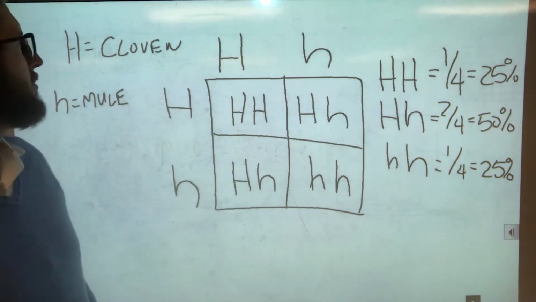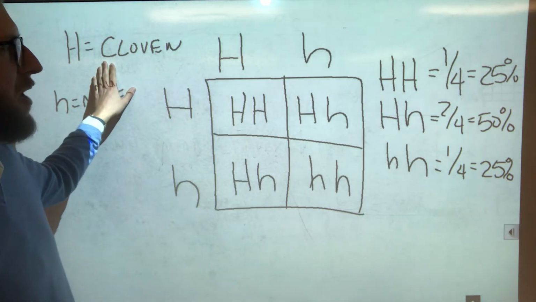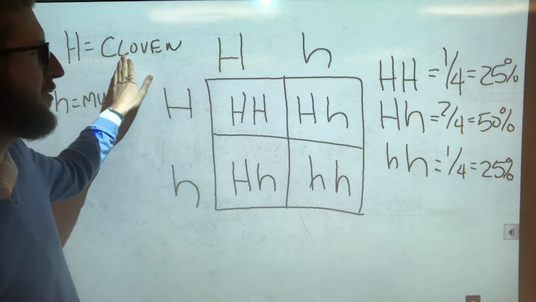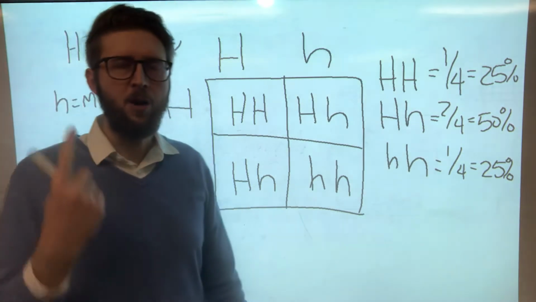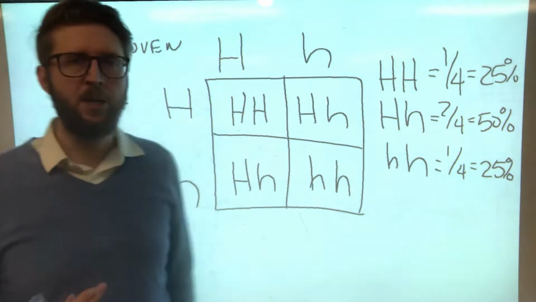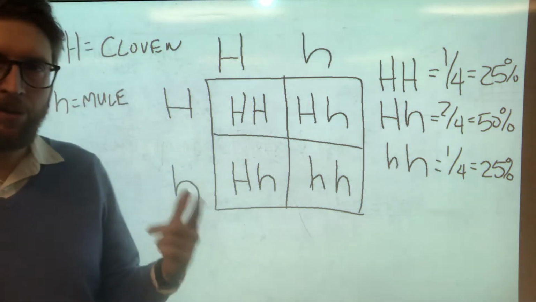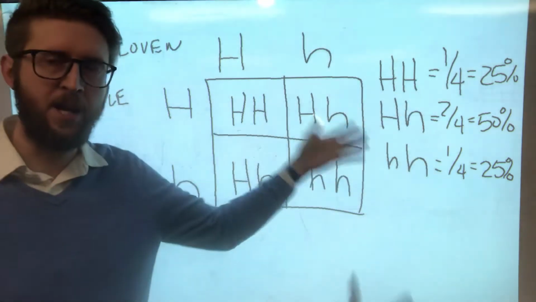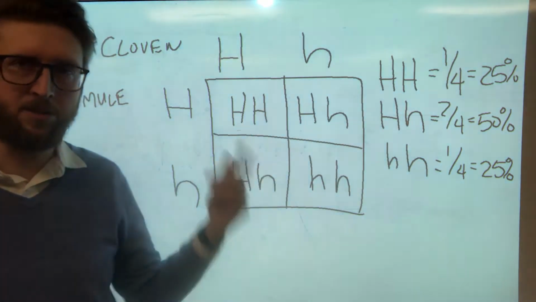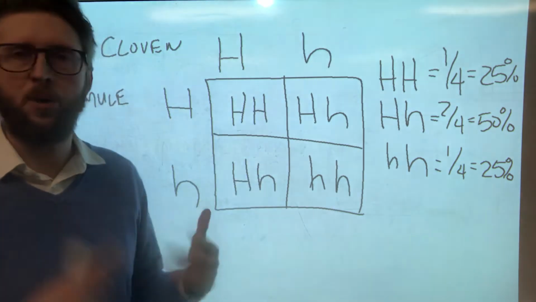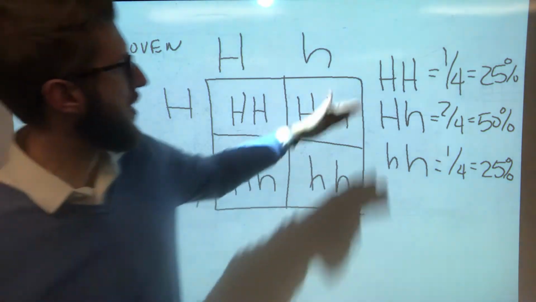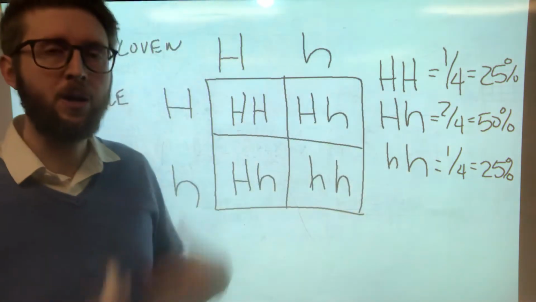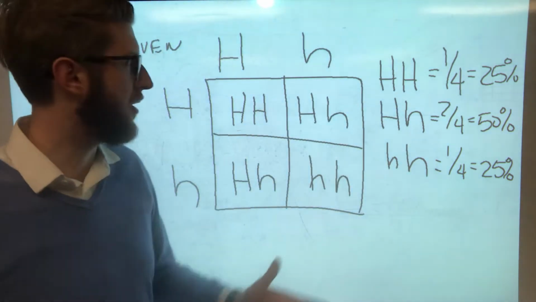Okay. But the question was, what's the percent chance that the kids are going to have cloven hooves? Well, remember, if cloven hooves are dominant, you only need 1 capital H to have cloven hooves. You only need 1 because remember, when the dominant is present, it always gets expressed. So any of these genotypes that have a capital H in them are going to result in cloven hooves.